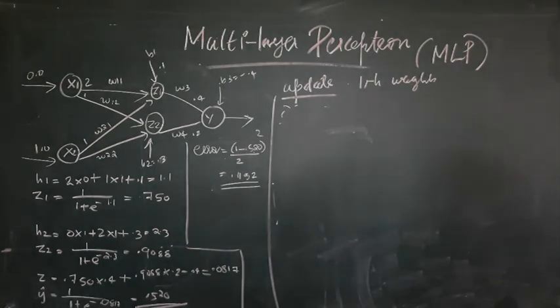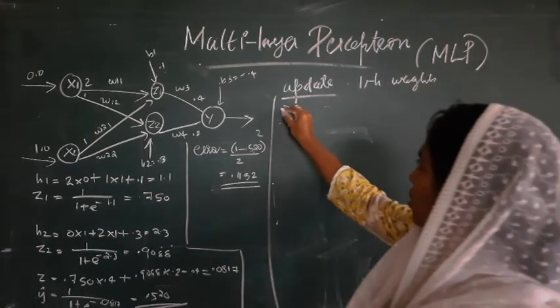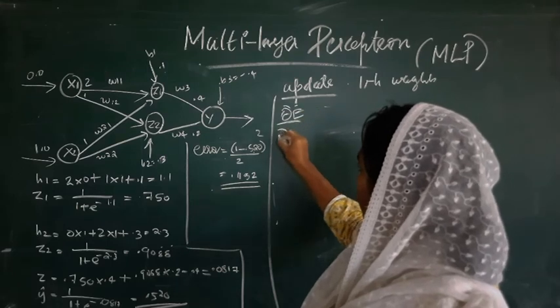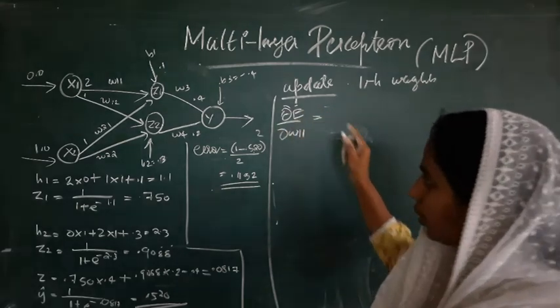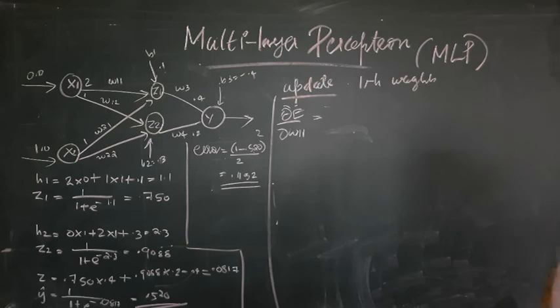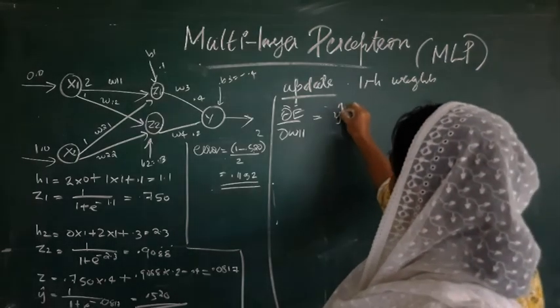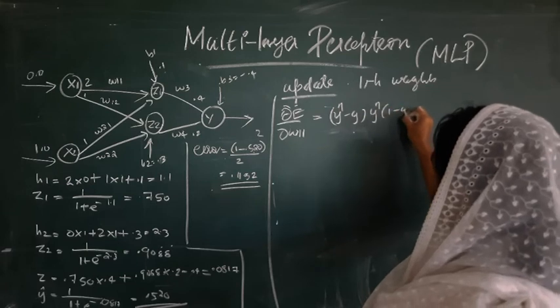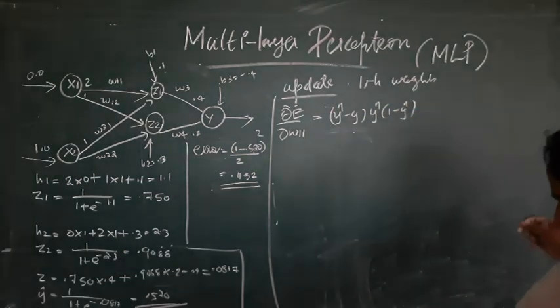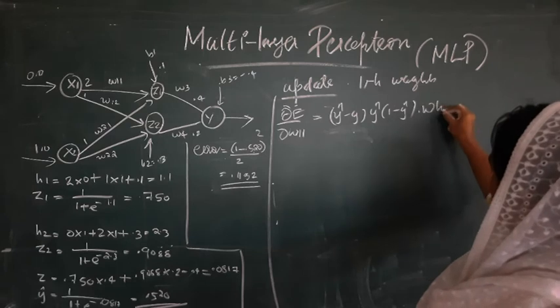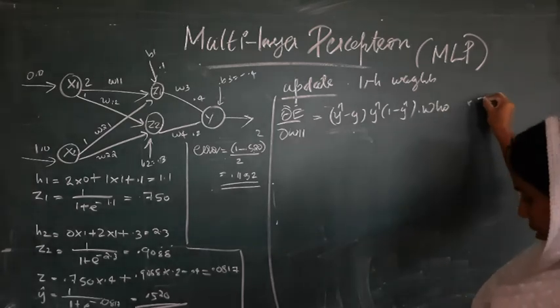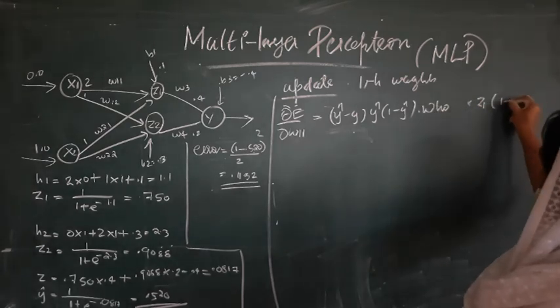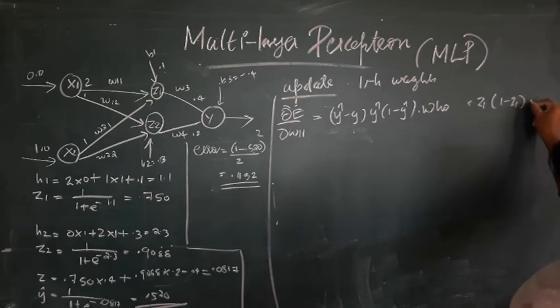So I will show you just one example, that is the change of error with respect to W11. I am showing it only for W11. So it is (y cap minus y) into y cap into (1 minus y cap) into WHO into z1 into (1 minus z1) into x1.